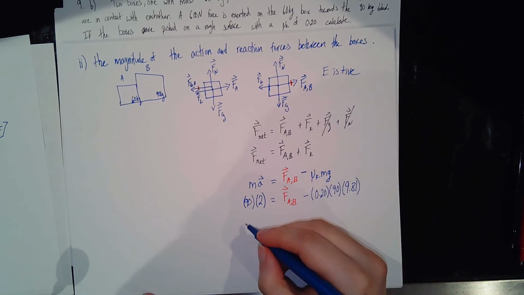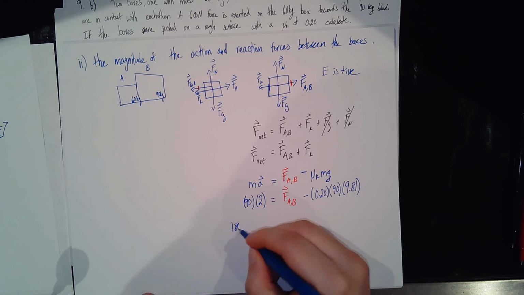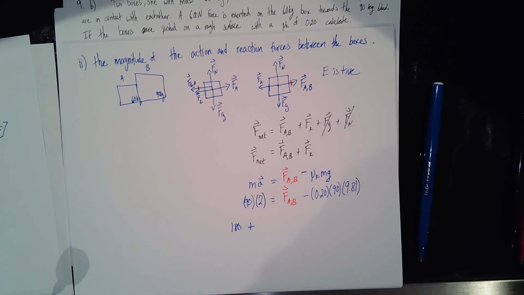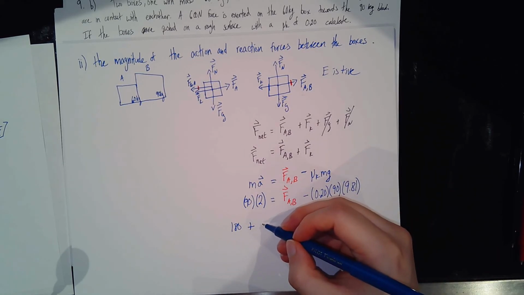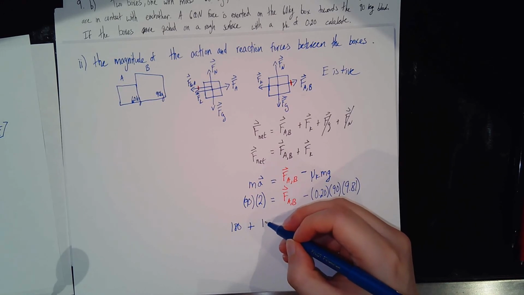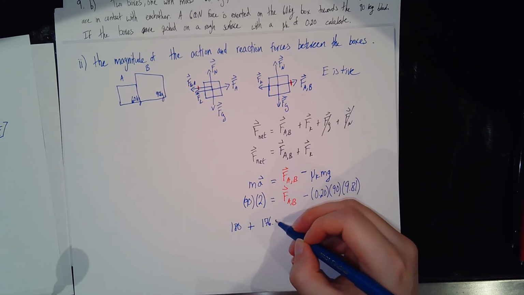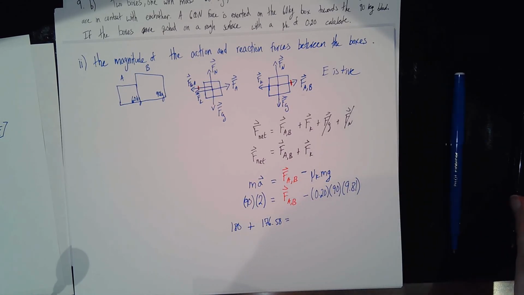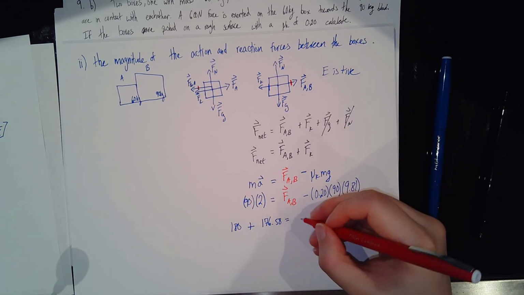And so what we're left with is 180 plus 176.58 is going to be equal to the force that A puts on B.